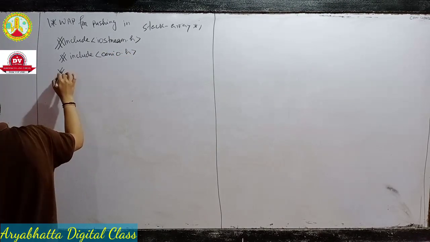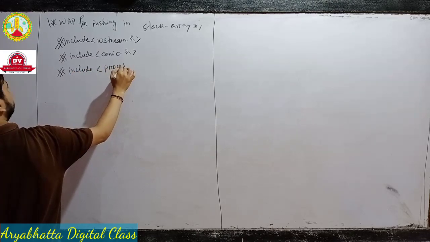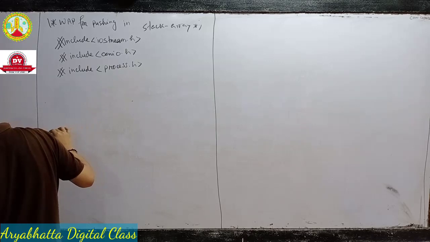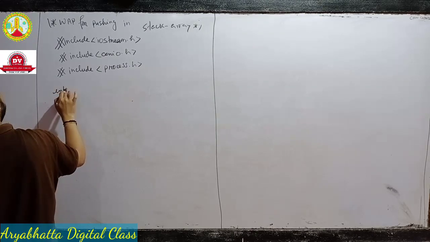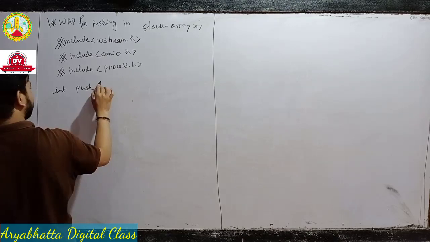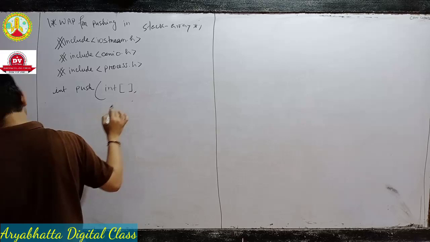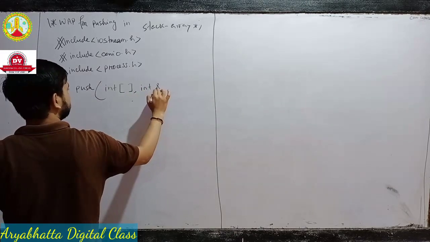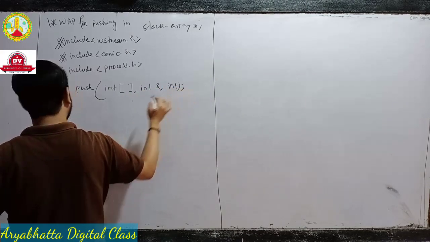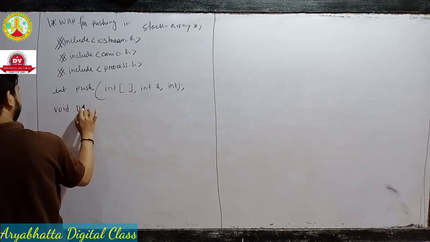We have to include 3 header files. Functions will be declared: int push, we give the parameters int array, int ampersand int, and next is void display, to display the stack.